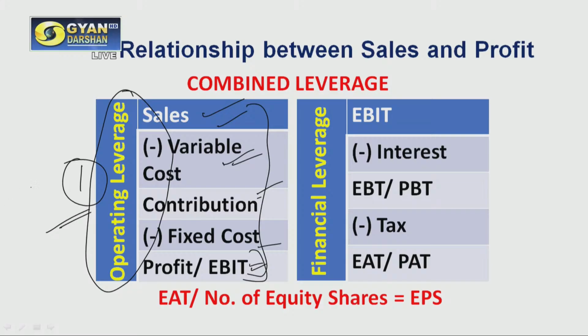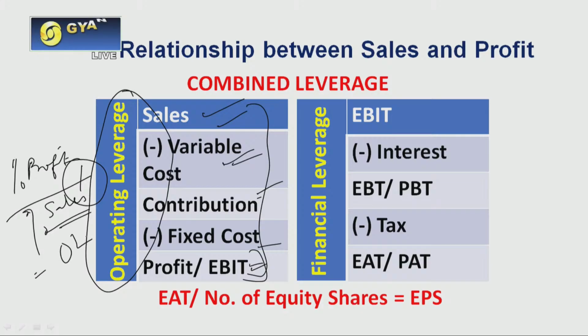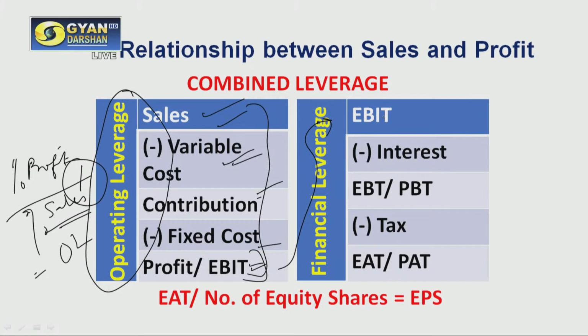If we want to fit this into our formula, the change in profit or change in EBIT, divided by the change in sales, may be defined as our operating leverage. On the other hand, from this profit we deduct interest.